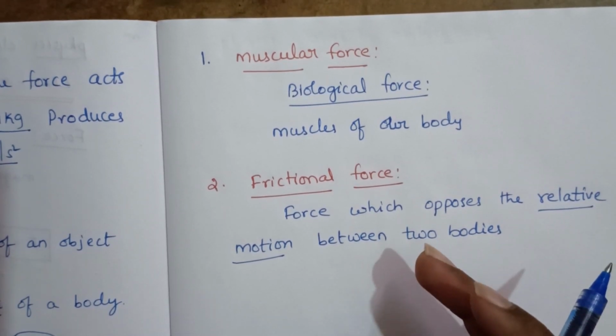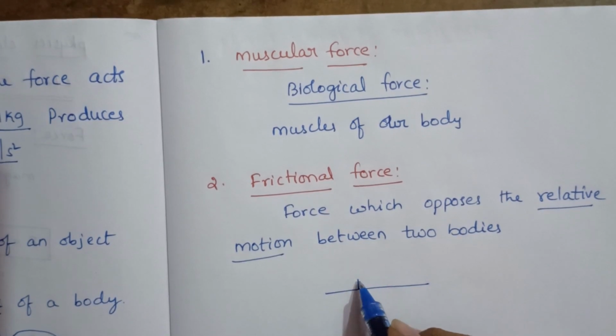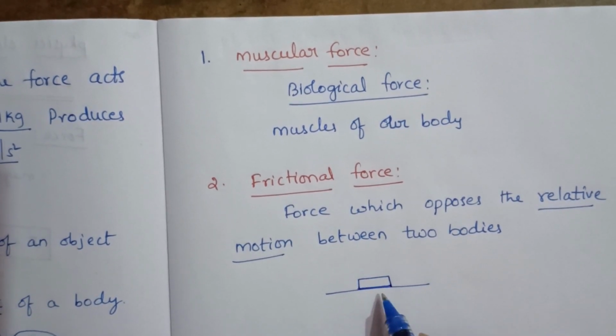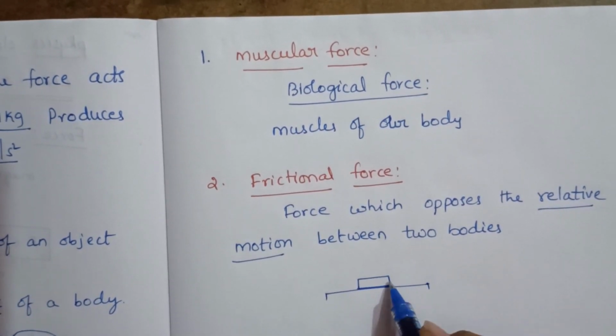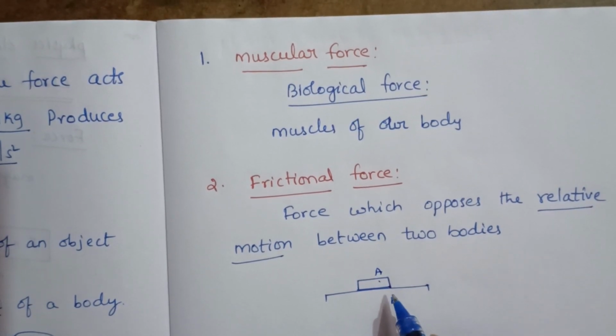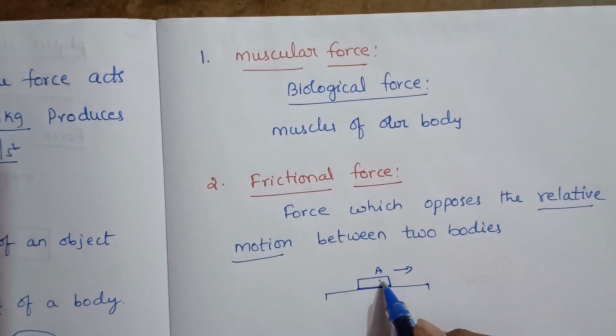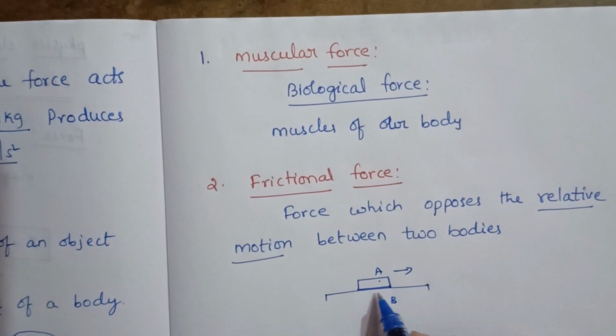Now, opposing relative motion means, for example, one object, and this is another object. When object A is moving on B in this direction, between these two bodies one force acts opposite to the direction of motion.